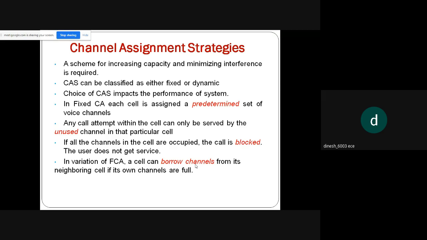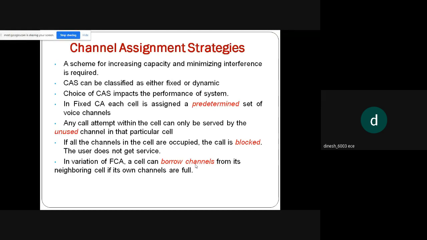Predetermined means it is already fixed. These are meant only for voice channels, these only for video channels, and these only for data text channels. That has to be fixed when we use fixed channel assignment.